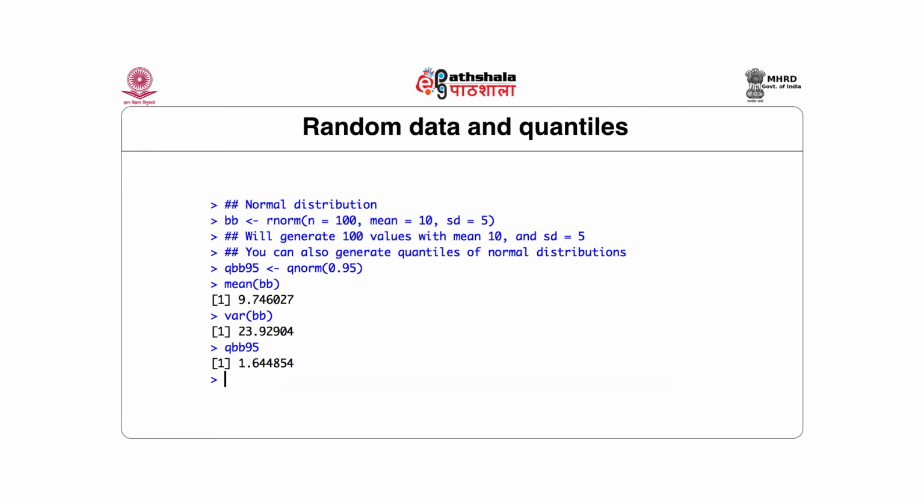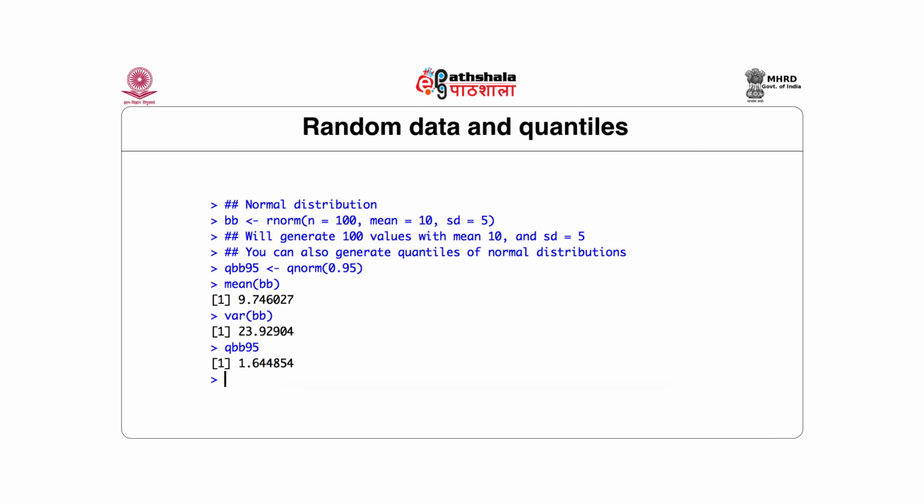R stands for the generation of a random sequence of those numbers. You specify the number of values you want to generate, which will have a mean of 10 and a standard deviation of 5. This is how you write that, BB, and you store the results in an object called BB, because everything in R is an object and all objects have their own classes and properties.